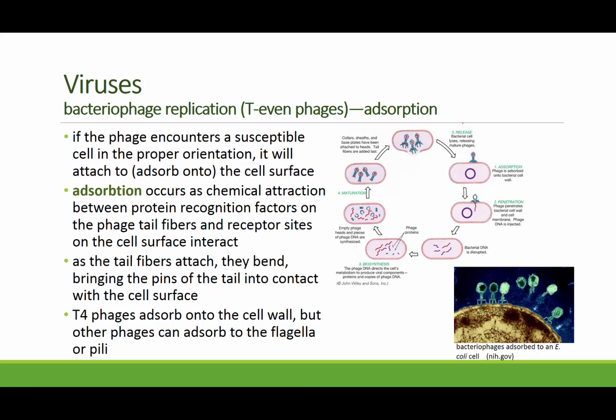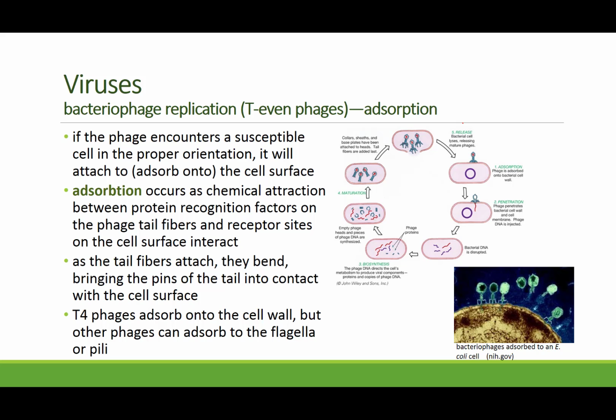Okay, so let's take a look at T-even phages, T2, 4, and 6 phages, which is just a classification of phages. We're not going to worry too much about what that means, but we're going to use them as our examples for how bacteriophages do their work. So adsorption is the first step.